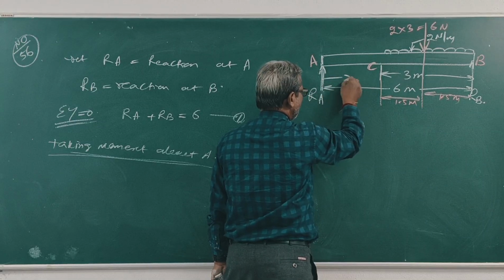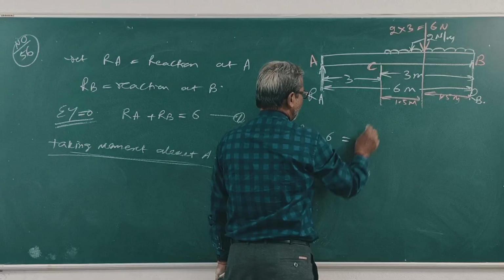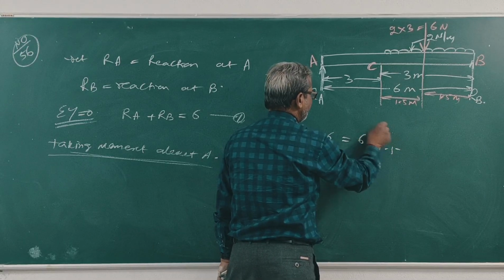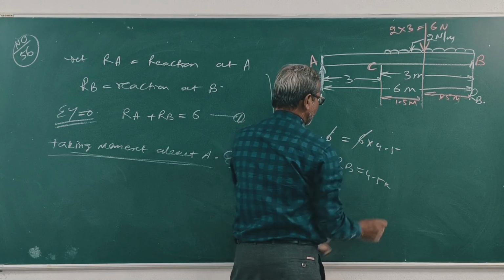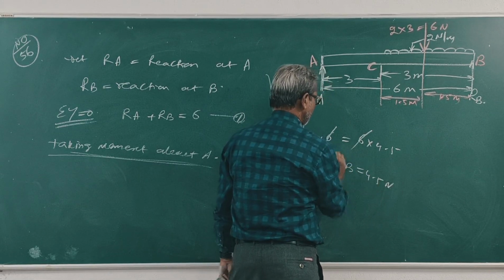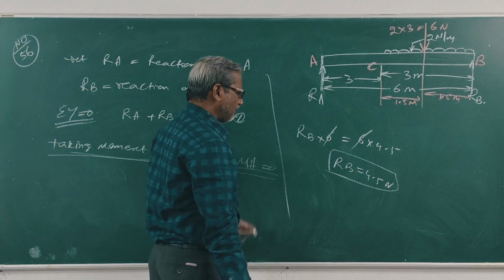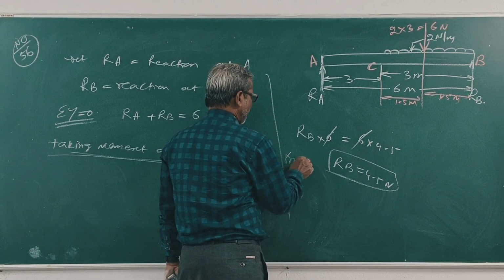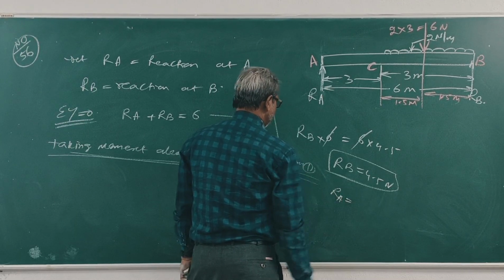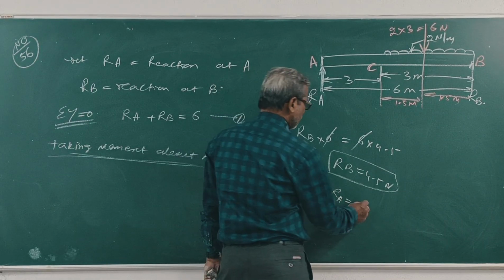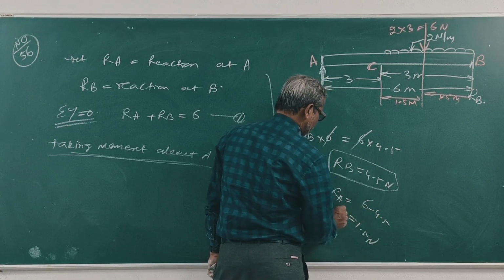This is 3. Clear? 6 into 3 plus 1.5, that is 4.5. So RB is equal to 4.5 Newton. From equation 1, RA is equal to 6 minus RB, so 6 minus 4.5 is equal to 1.5 Newton.